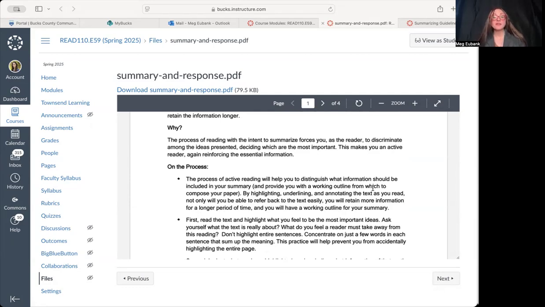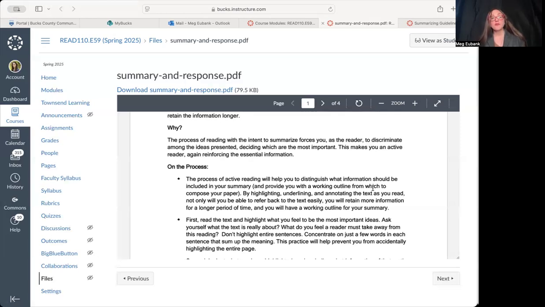It's because when you summarize something, it forces you to show that you comprehended something. It shows that you have decided what the most important ideas are, that you've been thinking about it, that you really are understanding the most essential parts of that reading.